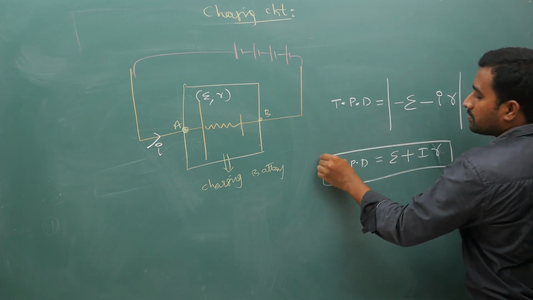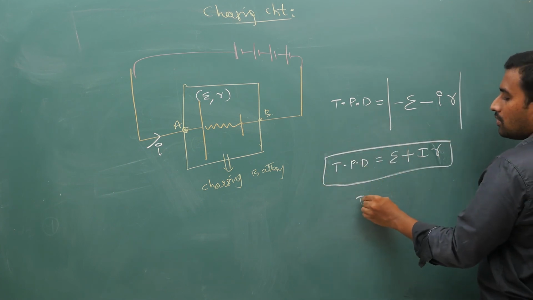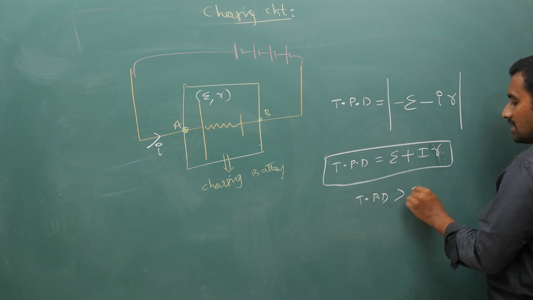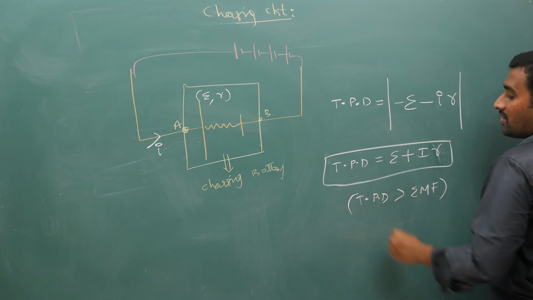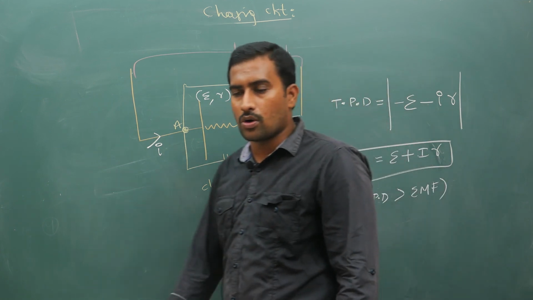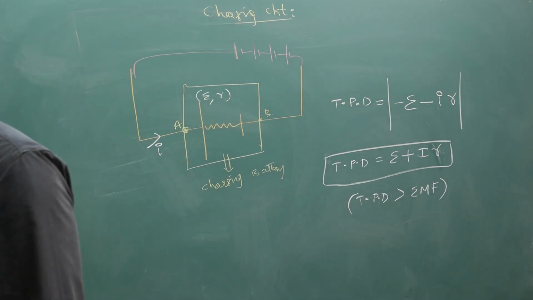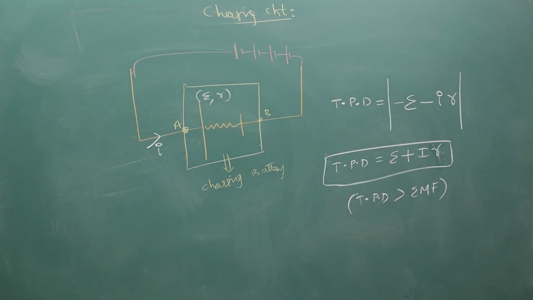If you observe this carefully, in a charging circuit the terminal potential difference is greater than EMF. For a discharging circuit EMF is more, for a charging circuit terminal potential difference is more. Hope you have understood the difference.